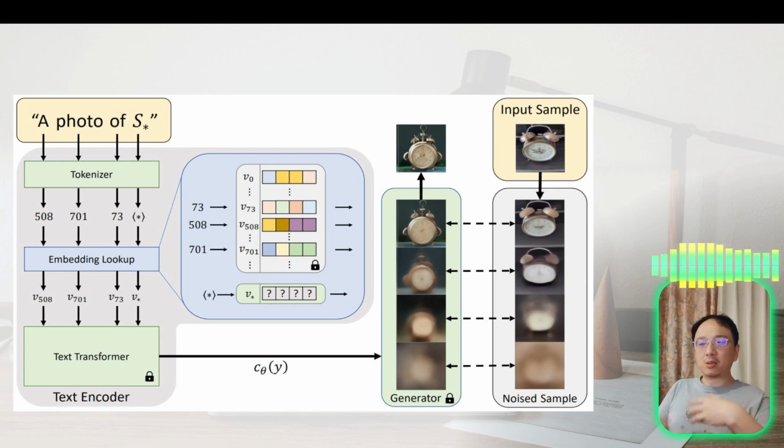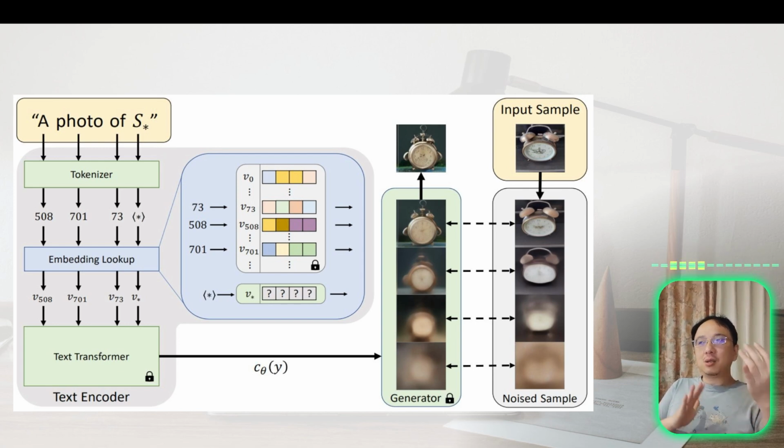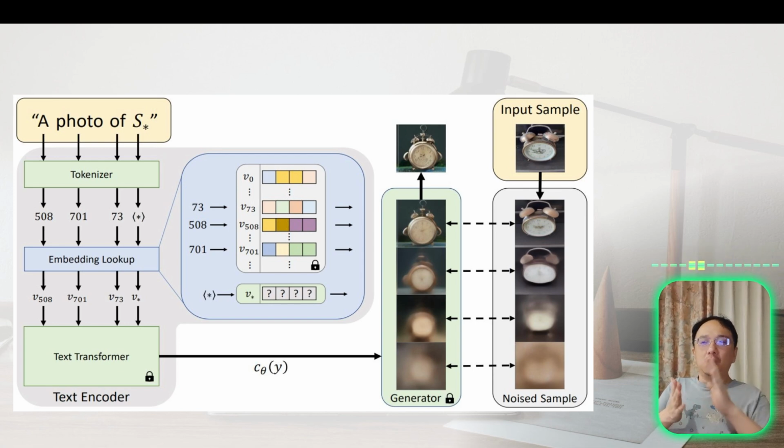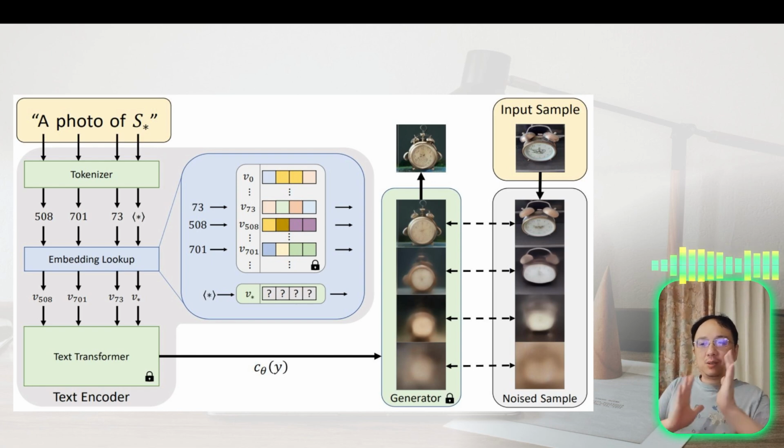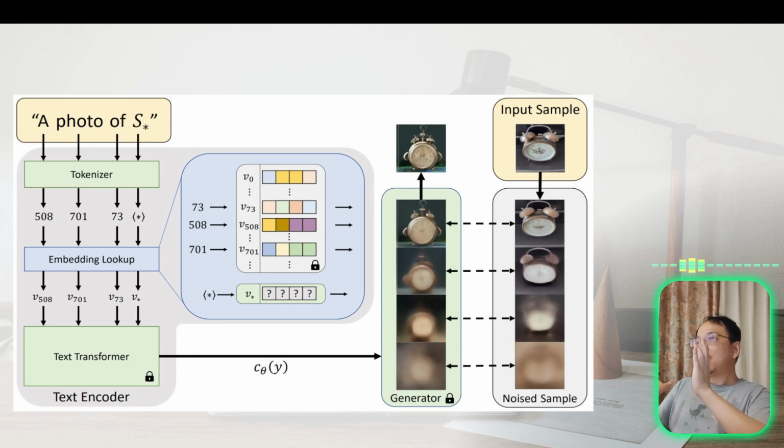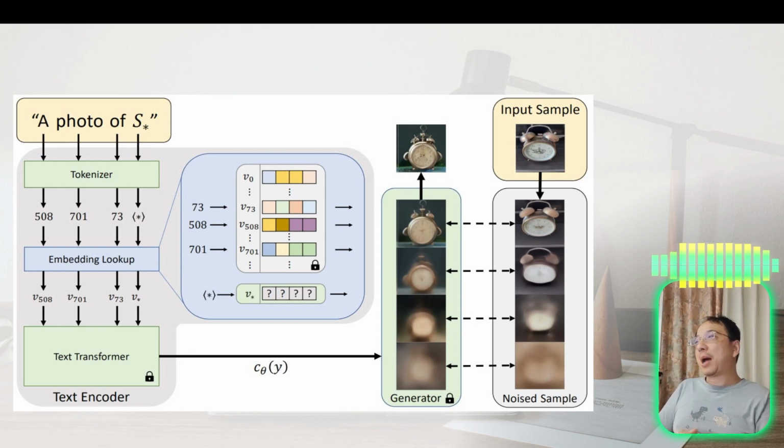So we initialize it with a random one, and then we train it in a procedure so that it can find an adequate value of the embedding in this lookup table.